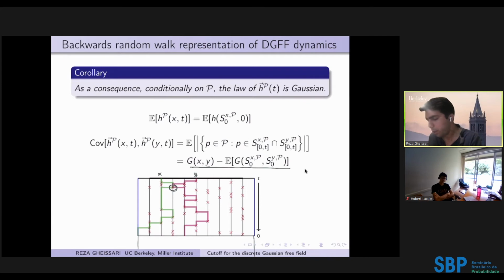The difference between the covariance of the dynamics at time t and the Green's function, or the stationary covariance, is essentially the covariance evaluated at two random points, the points at which the two random walks are at time 0, averaged over all pairs of random walk trajectories. So this is nice: the covariance of the process increases to the free field's covariance.